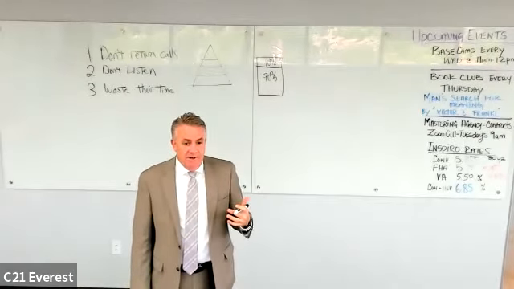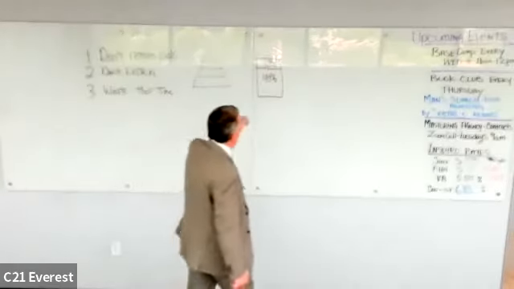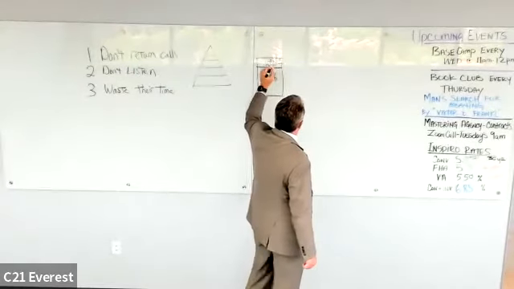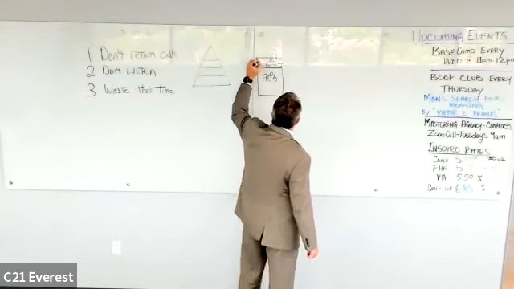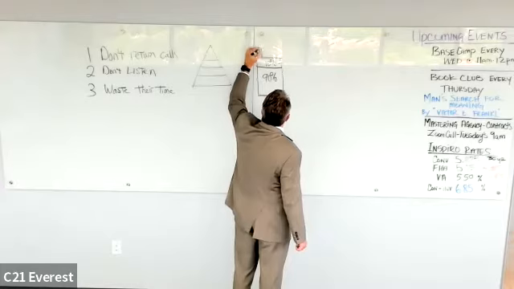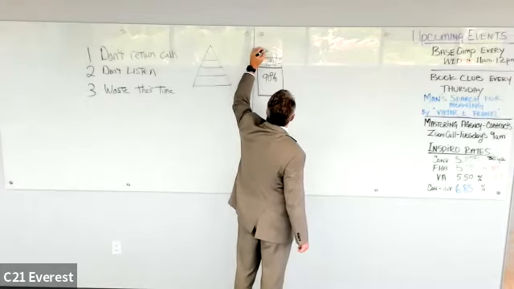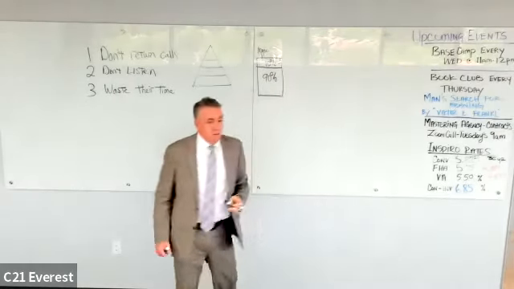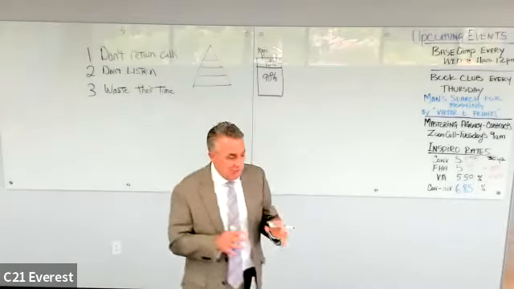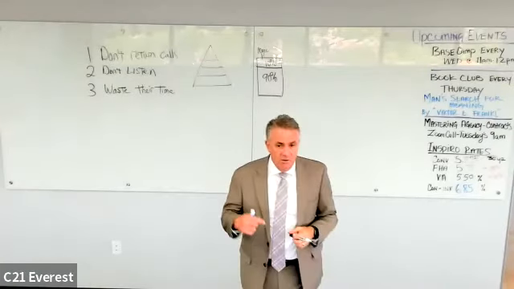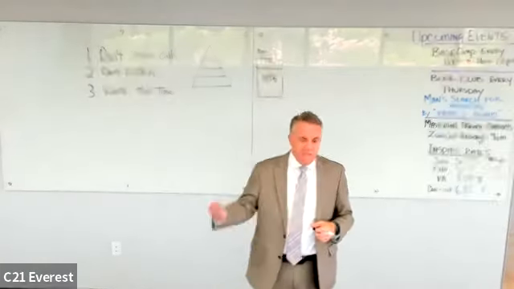Now, this 10% of who you are as a personality is logic. Okay? So the 10% of who you are is logical, reasonable, rational.